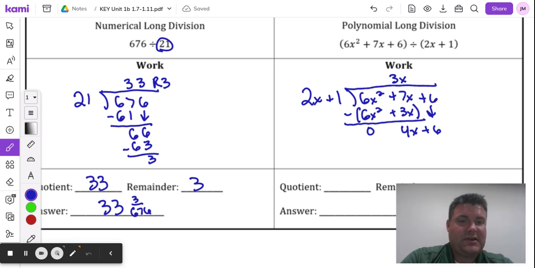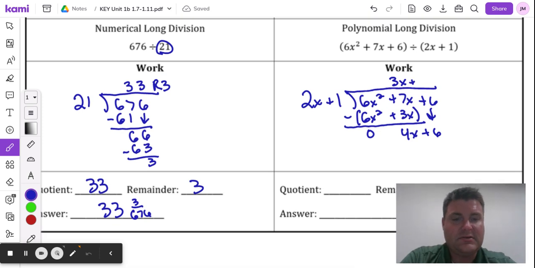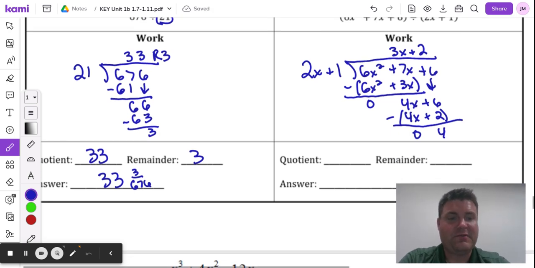Now for this one right here, 2x goes into 4x how many times? 2. So it goes in 2 times. Multiply that back through. I'm going to get 4x plus 2. Subtract that. 4x minus 4x is 0. 6 minus 2 is 4. So I'm left with a remainder of 4.